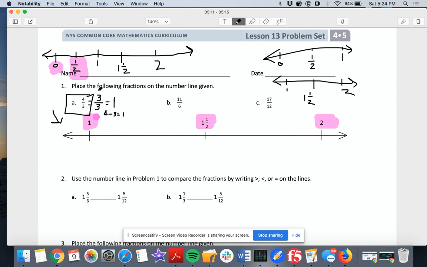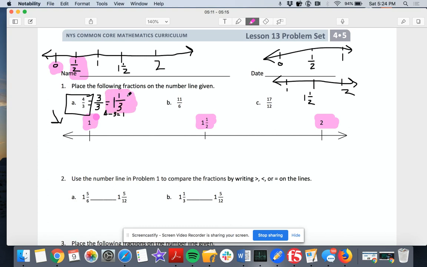So I'm going to move towards rewriting this 4/3 as a mixed number. We would rewrite that fraction as 1 and 1/3.